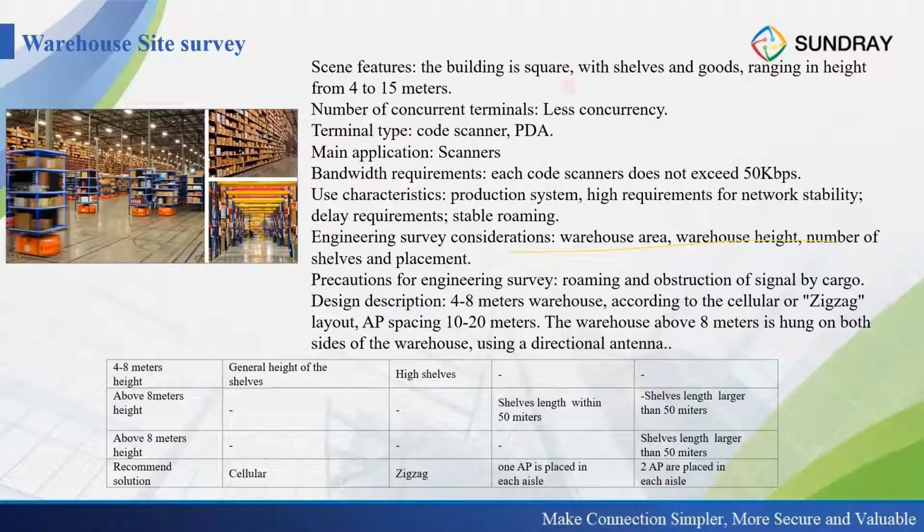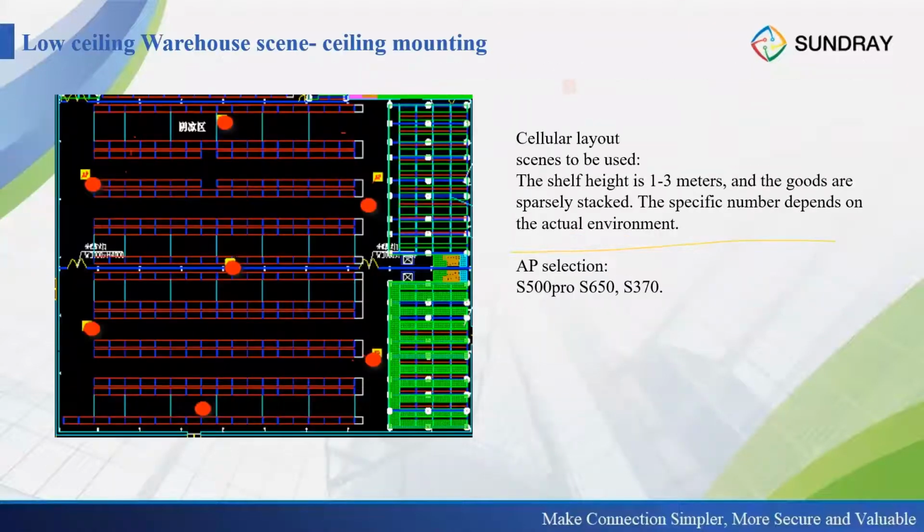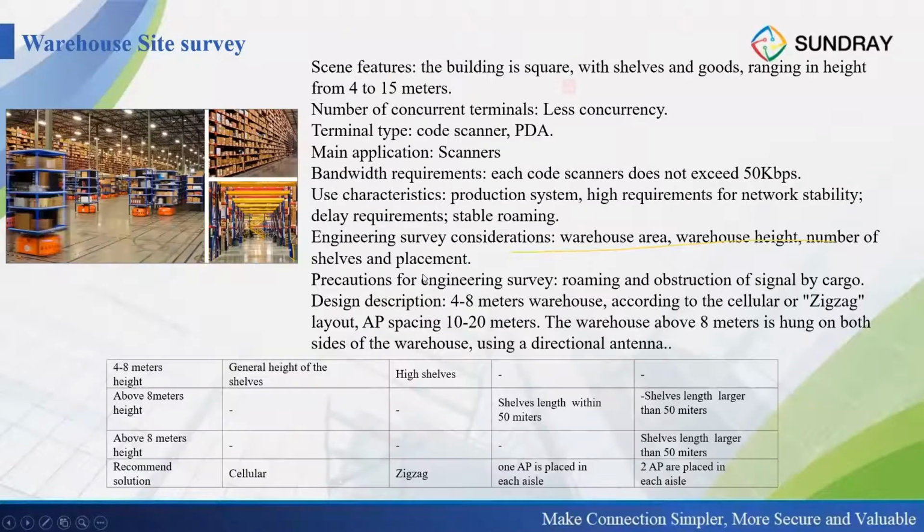So first one, if the warehouse height is about 4 to 8 meters, we suggest you use the ceiling AP. Using the ceiling AP is okay for 4 to 8 meters.